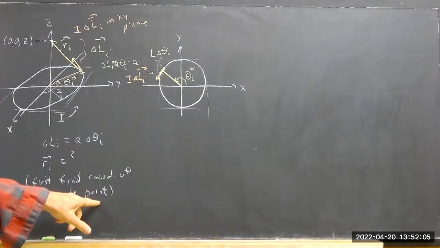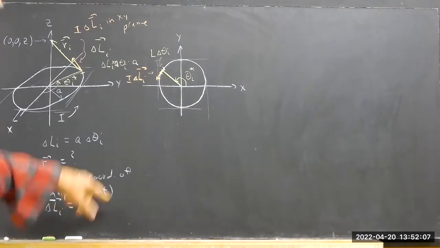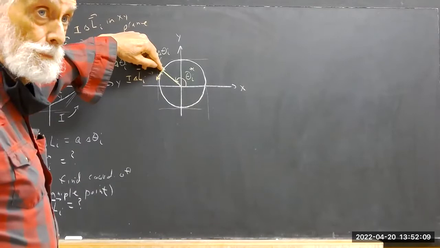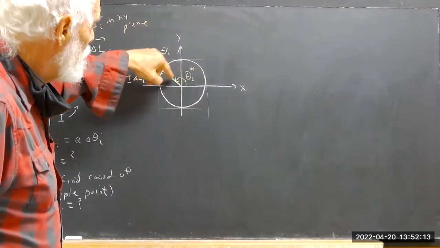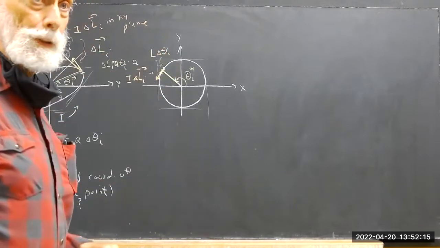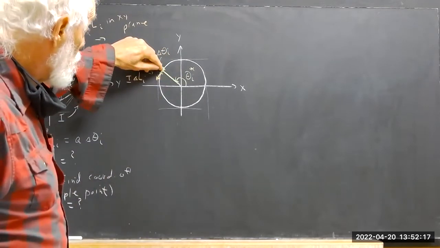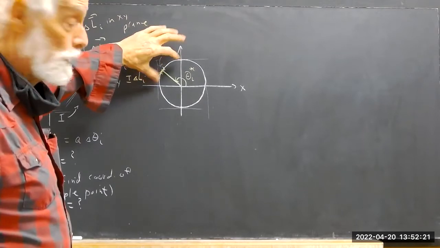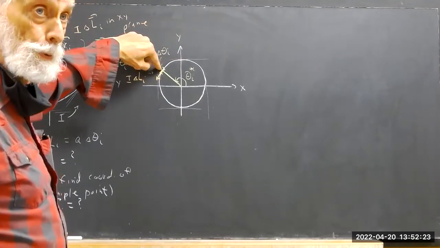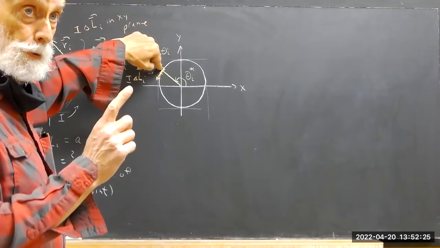The coordinates of your sample point, that's just one point on the circle. It's located on the circle at angular coordinate theta sub I star. So I want to know what are the coordinates of that point. It has nothing to do with how wide the interval is or anything. This is a sample point, one point on the circle.